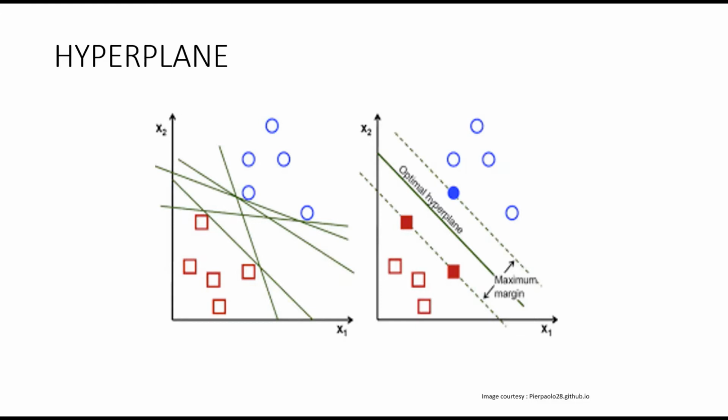Support vectors are the data points which are close to the hyperplane. These points will define the separating line better by calculating margins. That is the maximum margin, shown in the figure. These points are more relevant to the construction of the classifier.